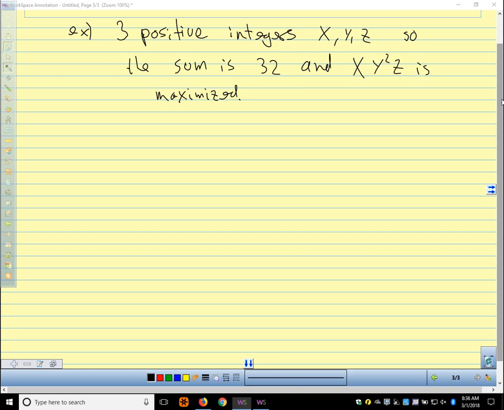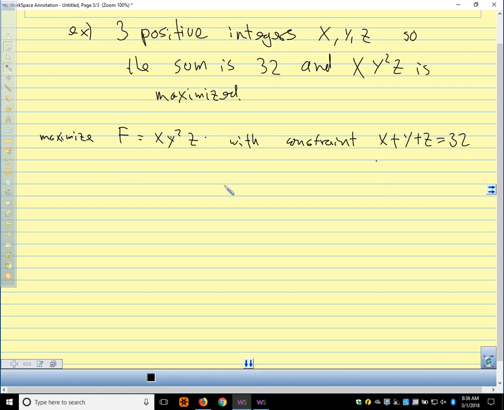So we're maximizing f equals x y squared z, subject to the constraint that x plus y plus z is 32.